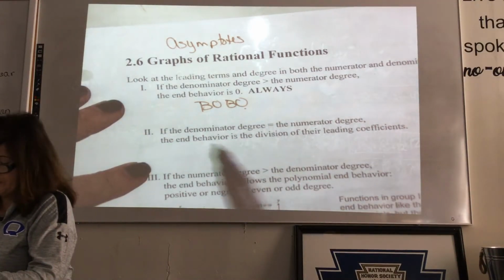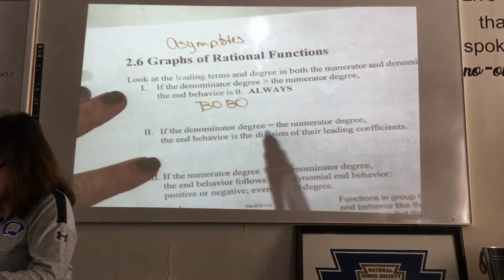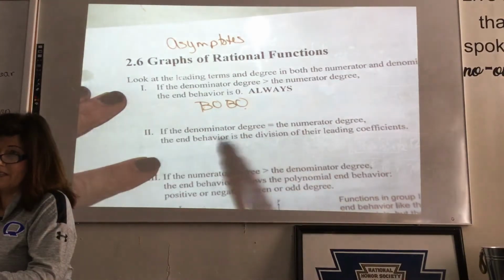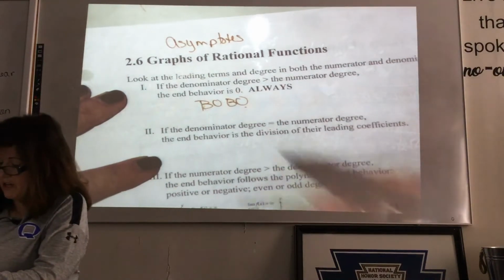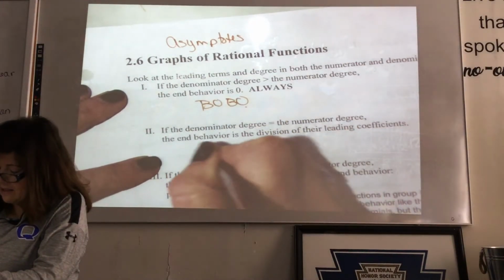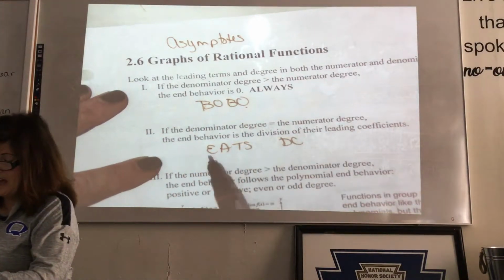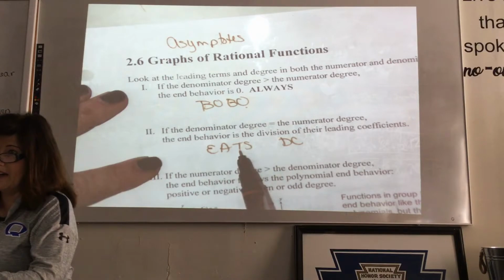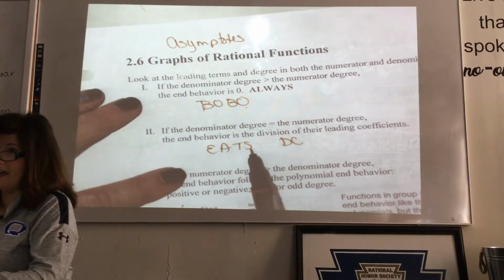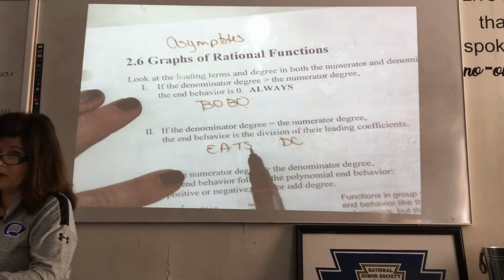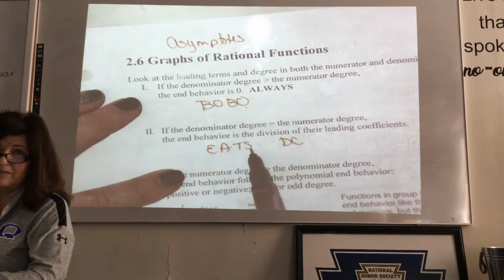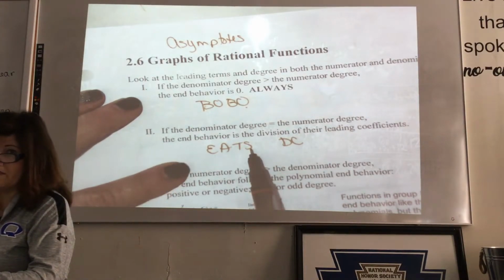Number 2, if the denominator degree equals the numerator degree, we know that as EATS DC. Exponents are the same, aka the degree, if you want to be mathematically correct, the largest exponent.